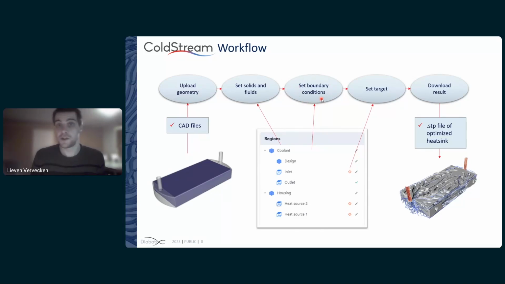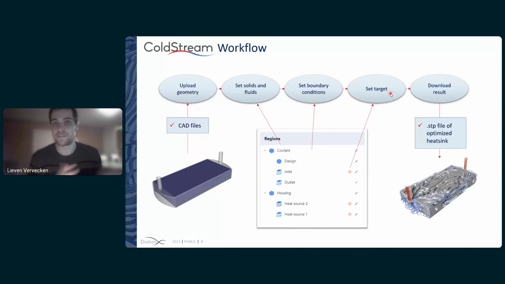Next, you set the boundary conditions. So you define what the inlet and outlet conditions are, what the heating powers are, etc. And of course, you also set your targets, basically what you want to optimize for. Be it maximize heat exchange efficiency, or constrain the pressure drop to make sure that the pressure doesn't rise infinitely high, for example.